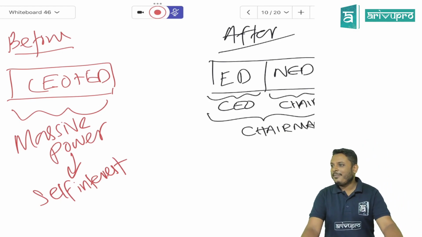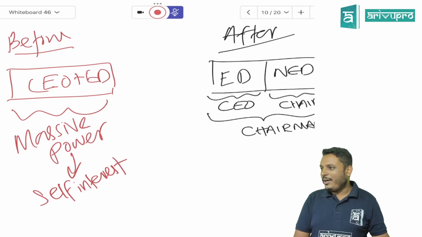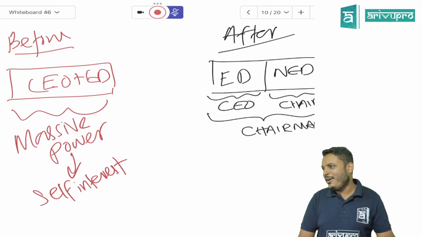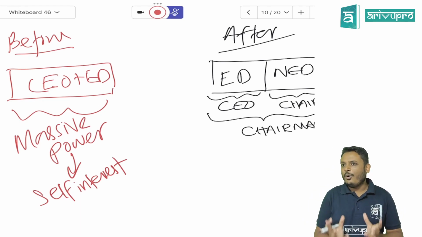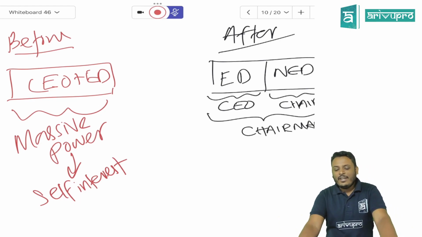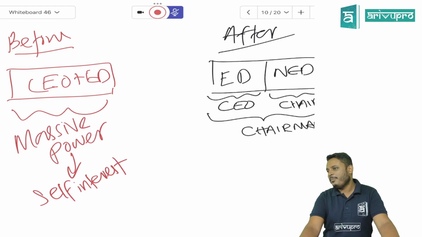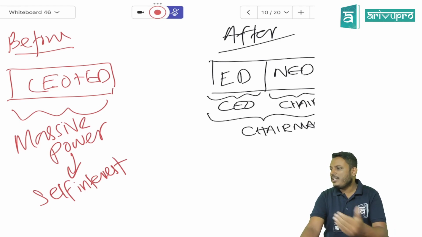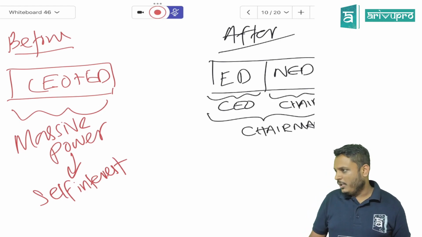So the non-executives' head is the chairman, the executives' head is the CEO. As a collective board, the leadership is the chairman. When you see these two, can you realize the power is reduced now? This is how we reduce the power. Understood? So the chairman is representing non-executive directors and he is the head of the board.